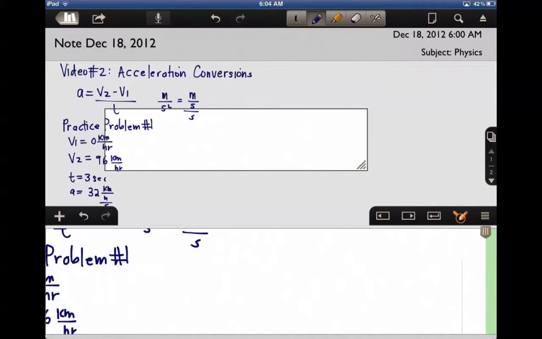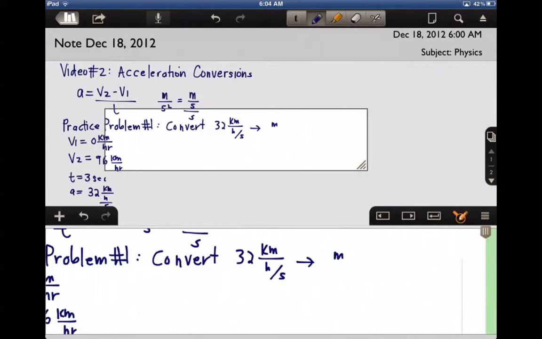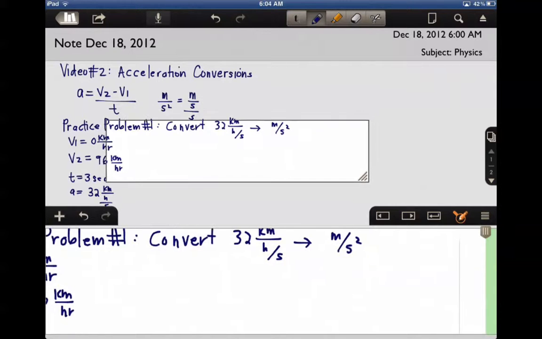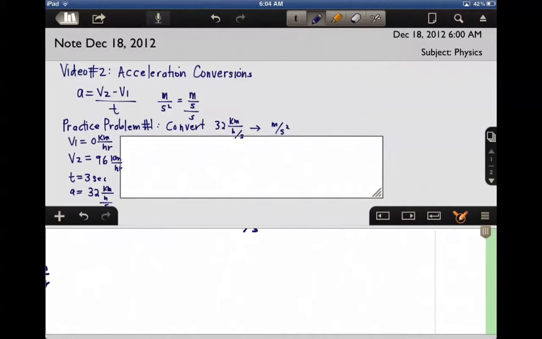So we're going to convert 32 kilometers per hour per second to meters per second squared. So like we always do with conversions, set them up left to right, where you have a start quantity.